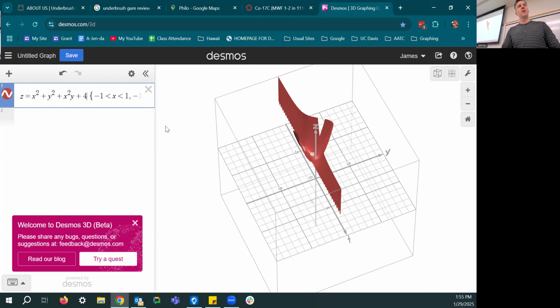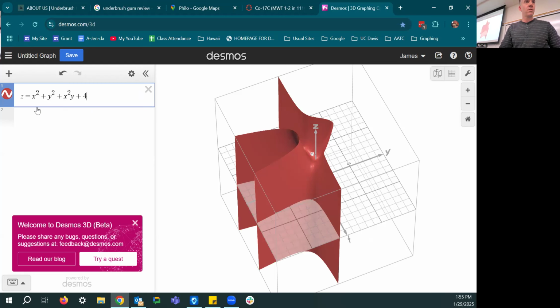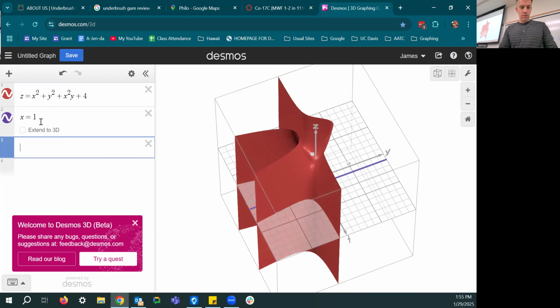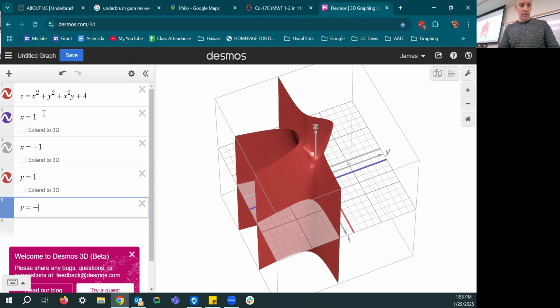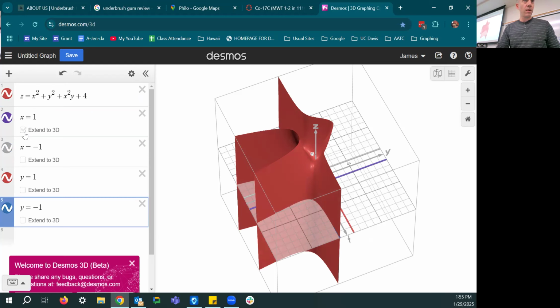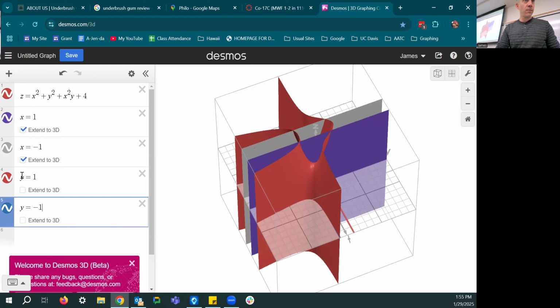Okay, here's a better way to do it. Let's just do this instead. So we'll just cut it with the planes. x equals 1, and we'll extend that in a second. x equals negative 1. y equals 1. y equals negative 1. And then we can click on these things here.